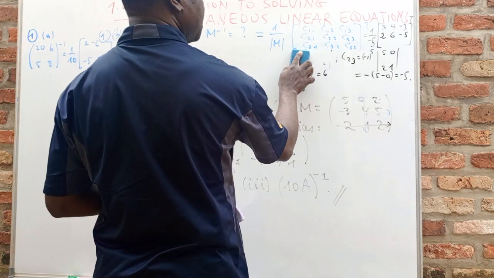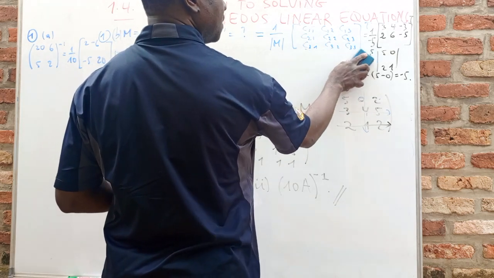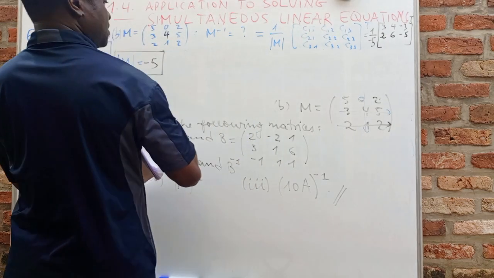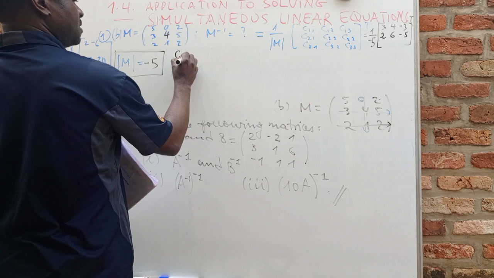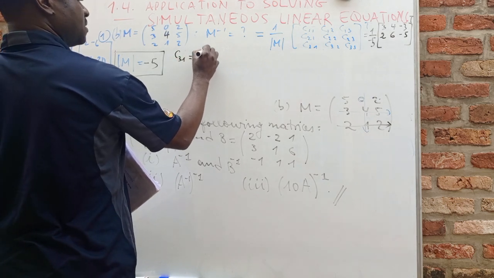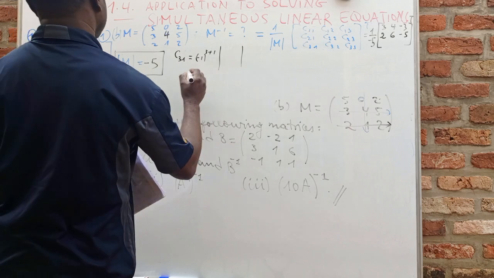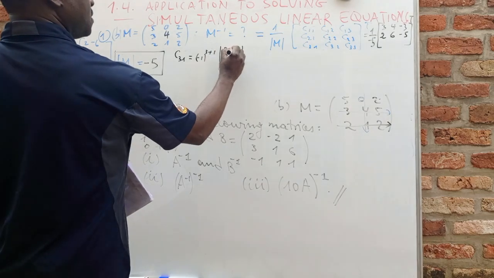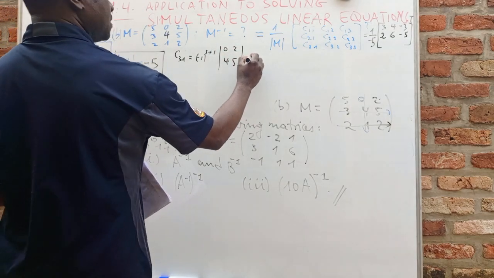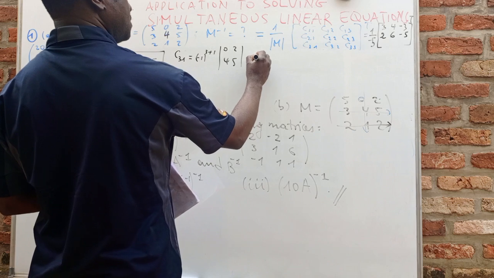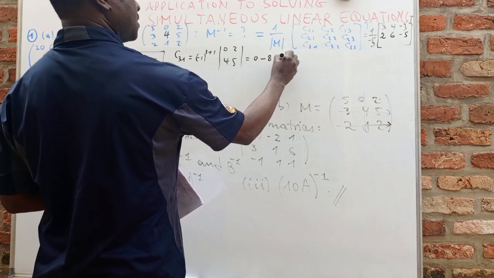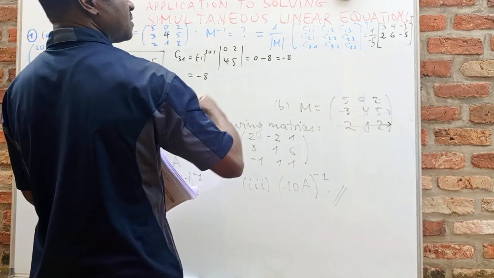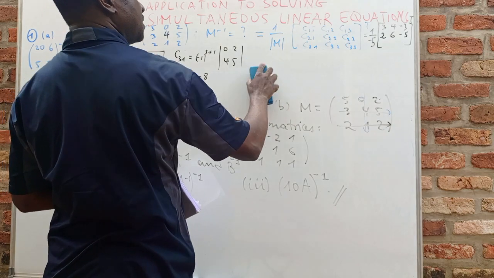So the third row is C31, which is equal to -1 to the power 3 plus 1, and then the determinant of 0, 2, 4, 5, which is 0 minus 8, which is -8. So -8, I can write it over here in order to save space.